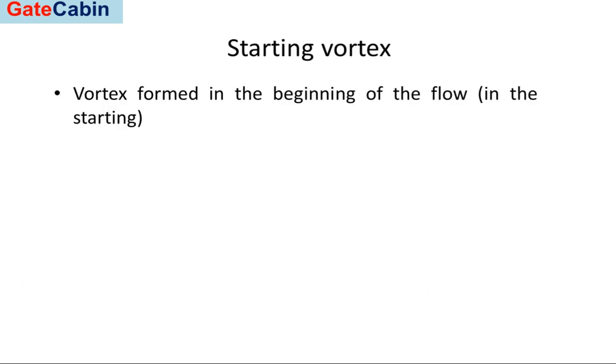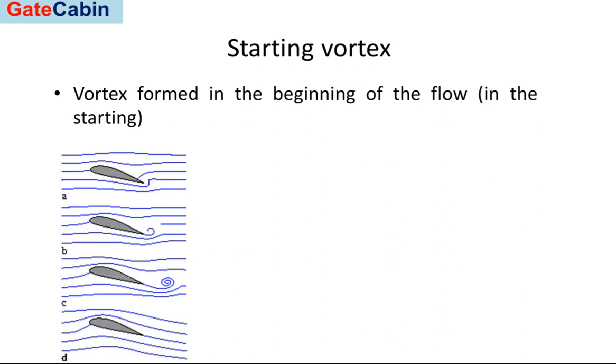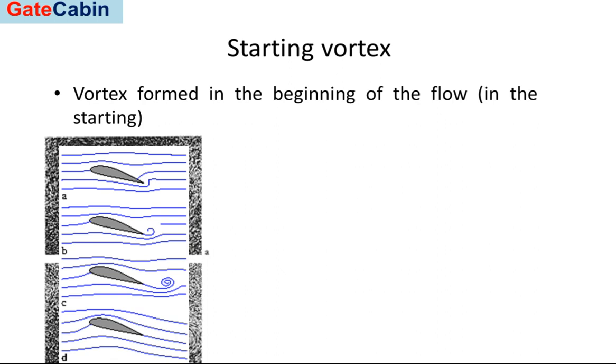Then another interesting thing in aerodynamics, when we talk about flow over an aerofoil, is the formation of a starting vortex. The starting vortex is a vortex which is formed when the flow commences over the aerofoil.